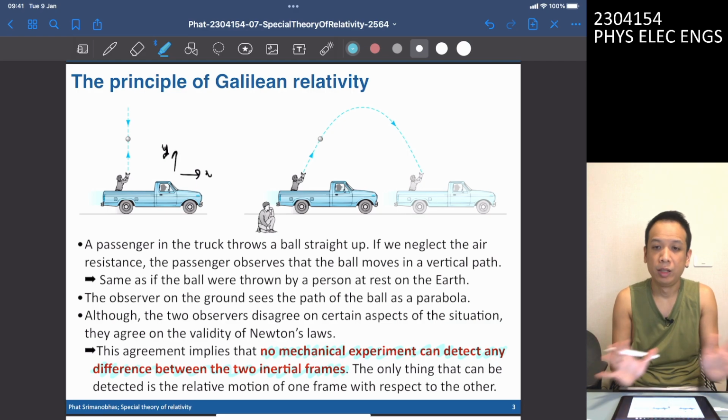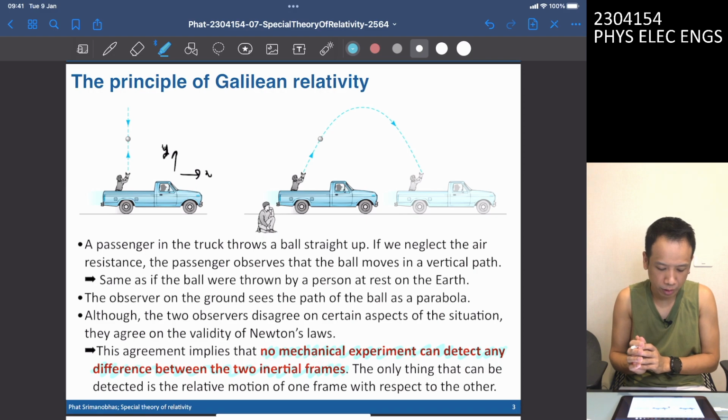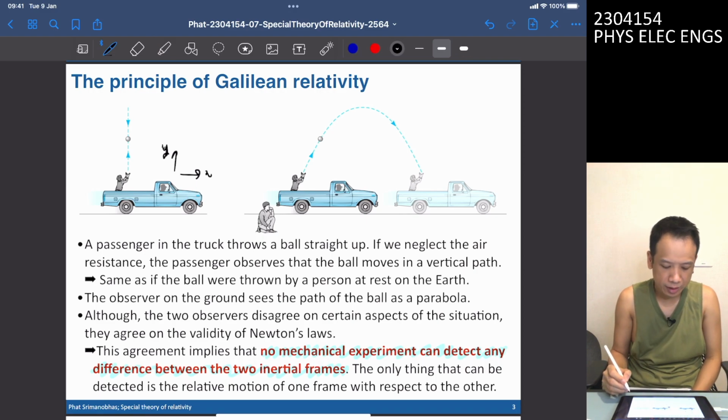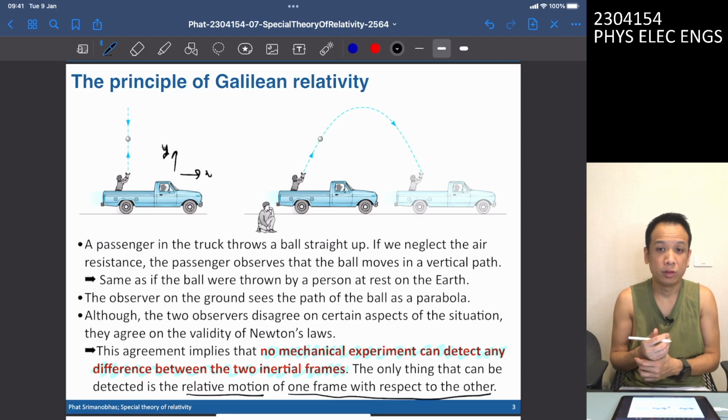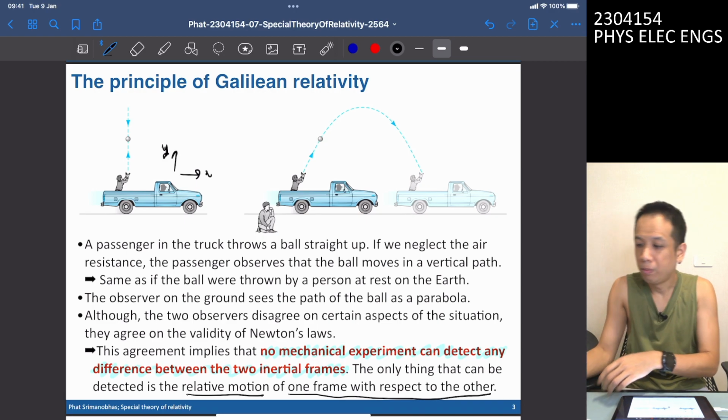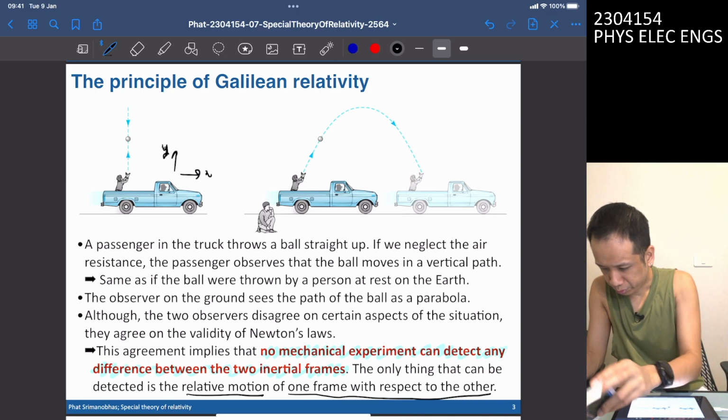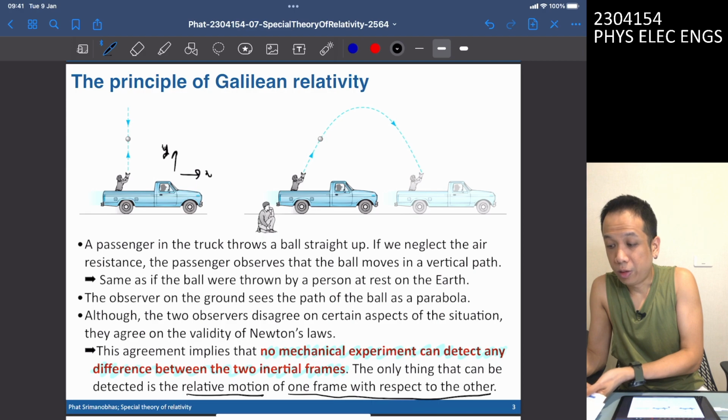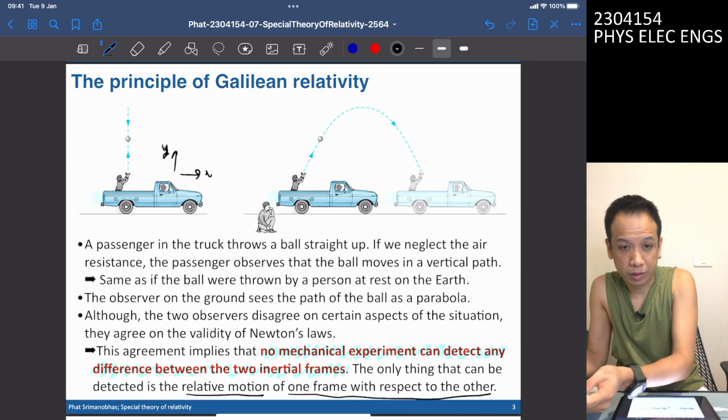Okay, it's not possible because everything is exactly the same. What you can say is only that there is a relative motion of one frame with respect to the other. Okay, so this is what we call Galilean relativity.